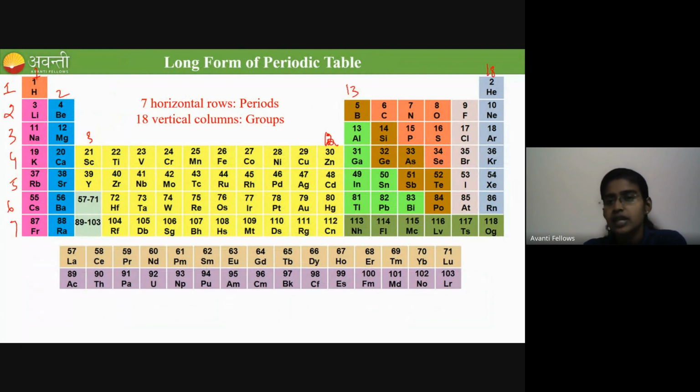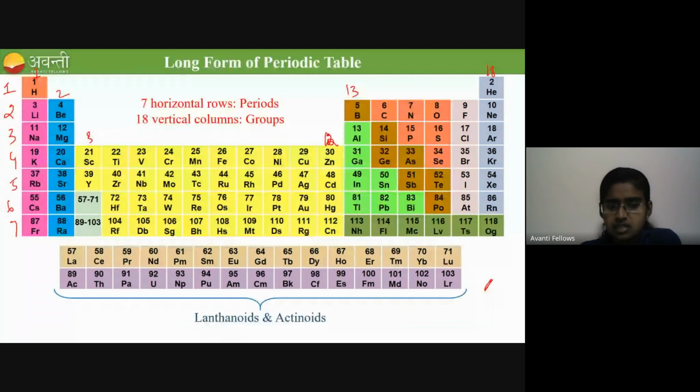The last two rows are called lanthanoids and actinoids. This series is called lanthanoids, and this series is called actinoids. Got it? Here we have some groups and some blocks and other related information, which I will discuss in the next slides.